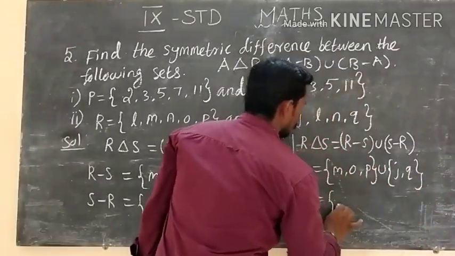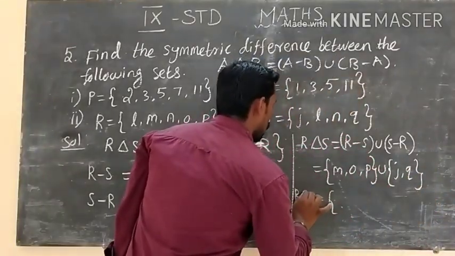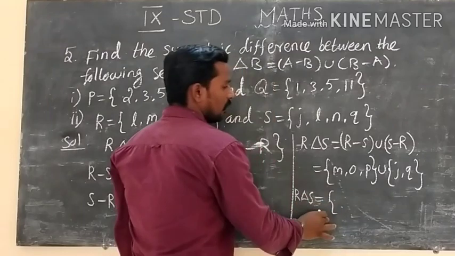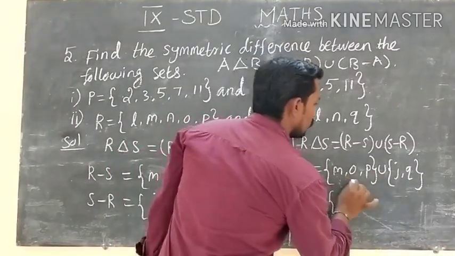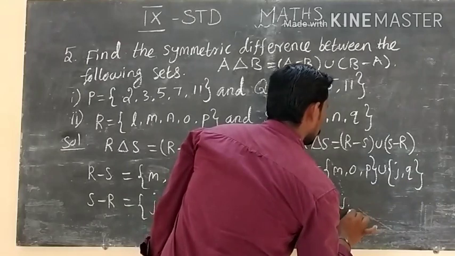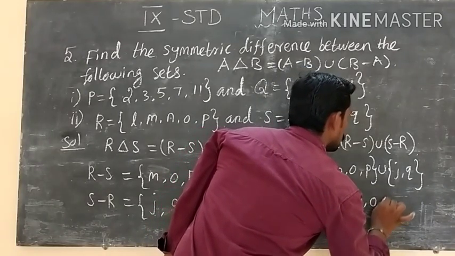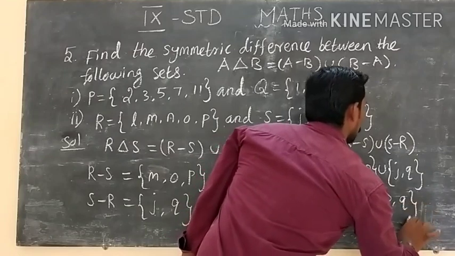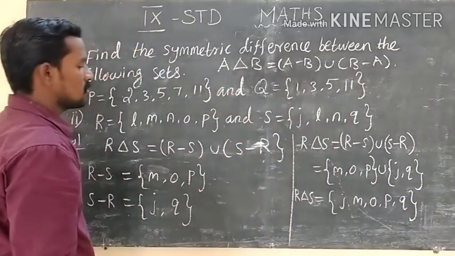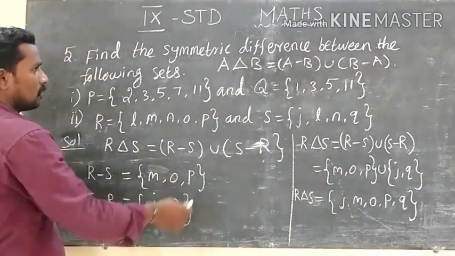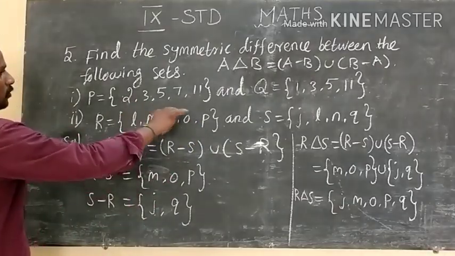Then the union of the two sets gives R symmetric difference S equal to {J, M, O, P, Q}. This is your symmetric difference for the given question.